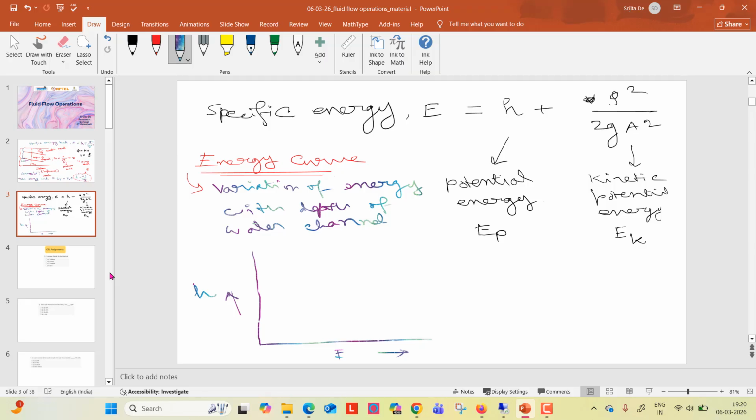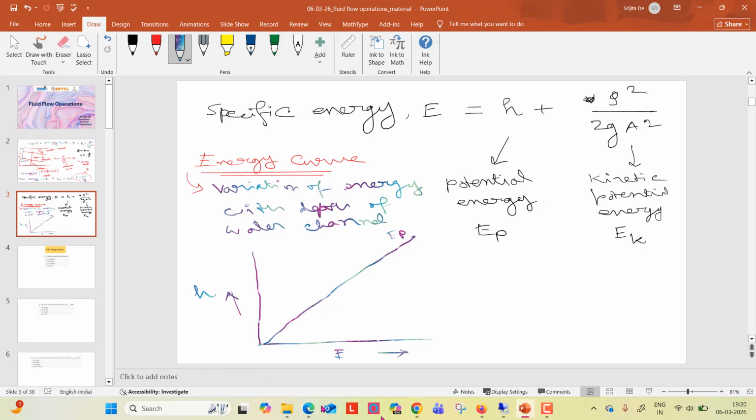Now we are plotting EP and EK. EP, potential energy, is just proportional to the depth, so it will be a straight line. This straight line represents your potential energy.